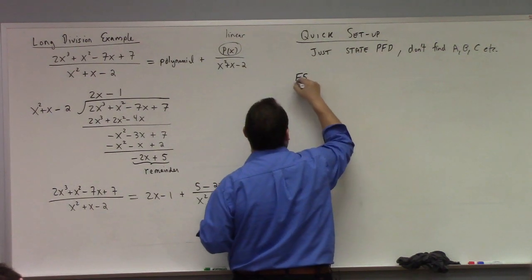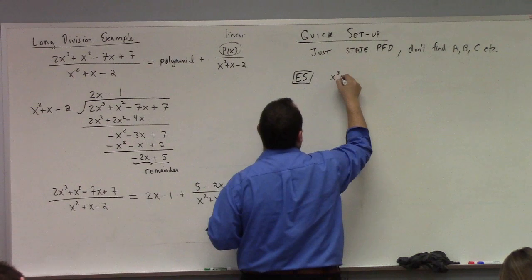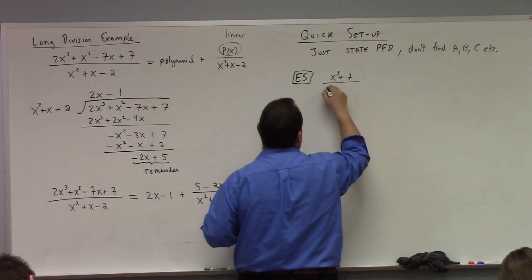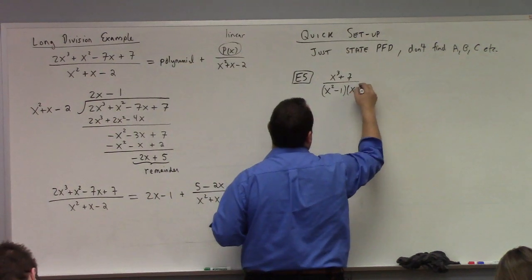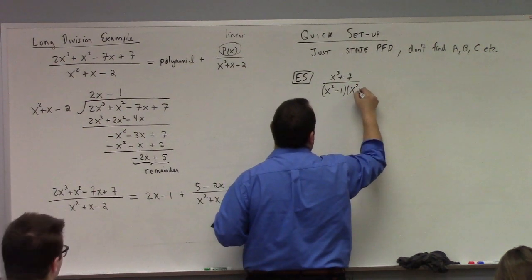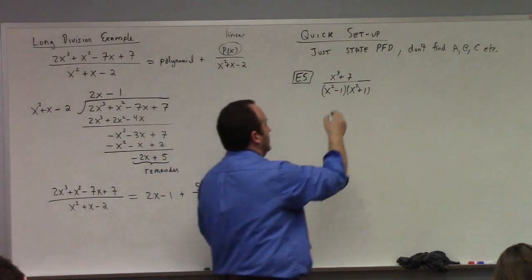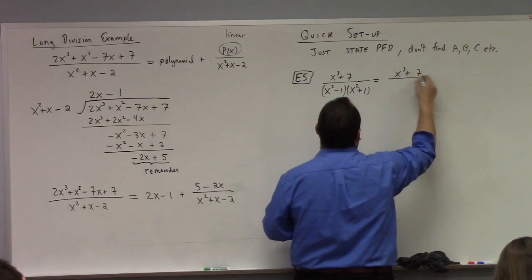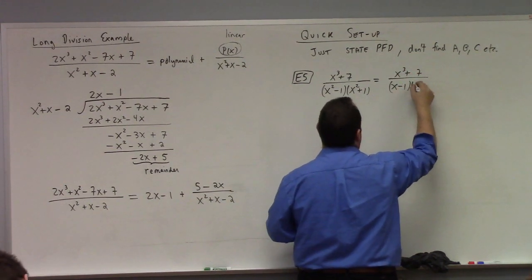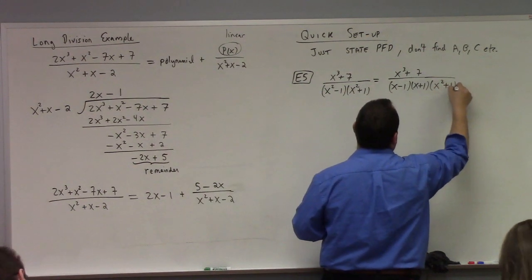Example 5. Here we go. If you had something like x cubed plus 7 divided by x squared minus 1 times x squared plus 1, you factor. That's x minus 1 times x plus 1 times x squared plus 1.